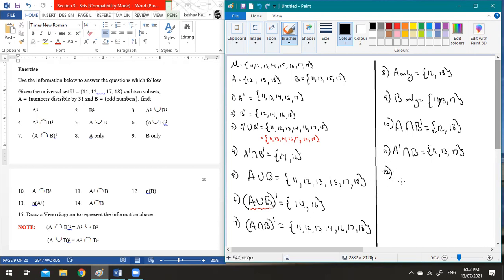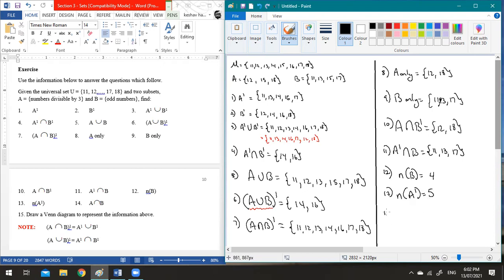And 12, N of B. This N stands for the number of elements in the set B, and the set B is 11, 13, 15, and 17, so we have 4 elements. So you write 4. Number 13, you want the number of elements in the set A composite, and the A composite is 11, 13, 14, 16, and 17, so we have 5 elements in this case.